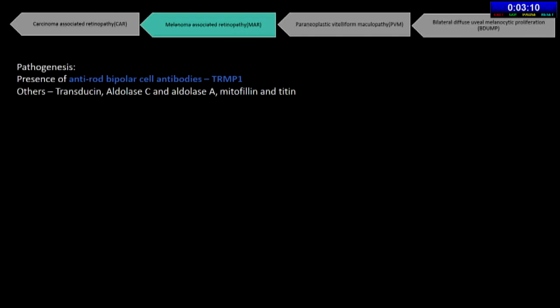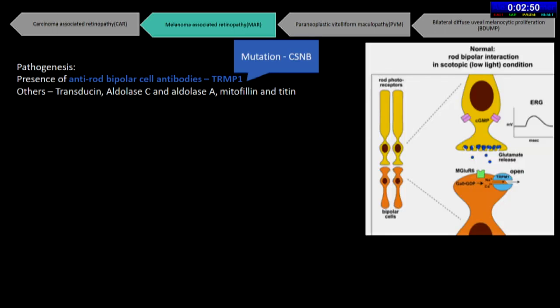So the pathogenesis here is the presence of an anti-rod bipolar cell antibody that is against the TRPM1 receptor. There are other associated antibodies as well, like transducin, aldolase C, aldolase A, mitofilin, etc. What is interesting about this TRPM1 is that the mutation of the TRPM1 receptor causes congenital stationary night blindness.